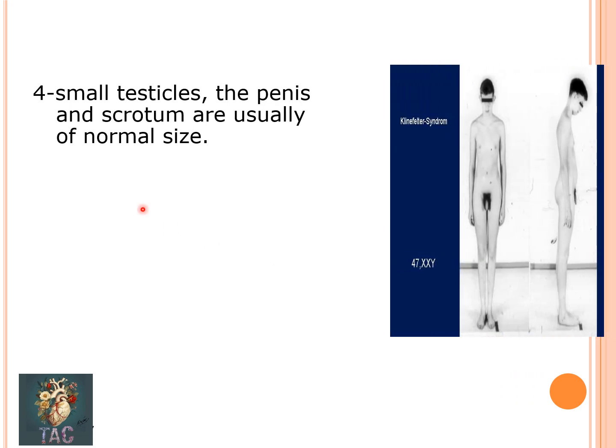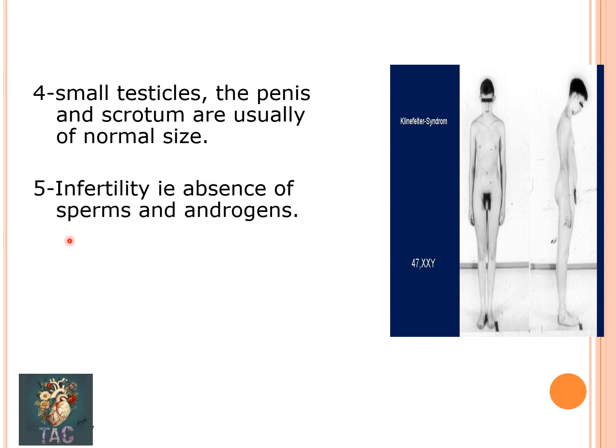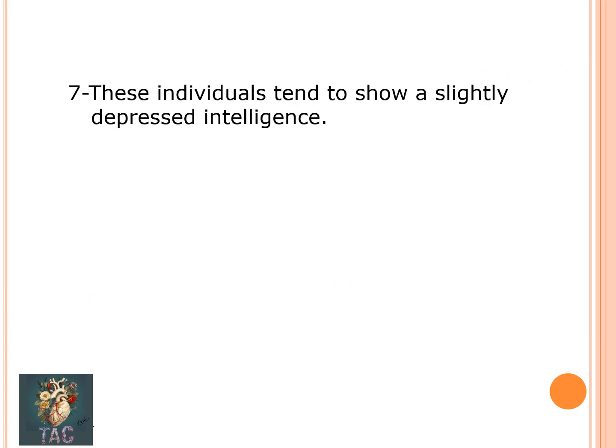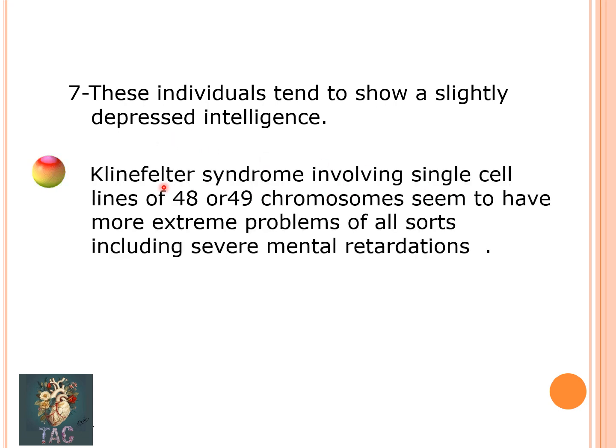Usually they have small testicles, while the penis and the scrotum are of normal size. Infertility, that is absence of sperms and androgens, occurs because they have underdeveloped testes. Such a person may be taller than average. These individuals tend to show slightly depressed intelligence, and Klinefelter syndrome involving cell lines of 48 or 49 chromosomes seems to have more extreme problems of all sorts, including severe mental retardation.